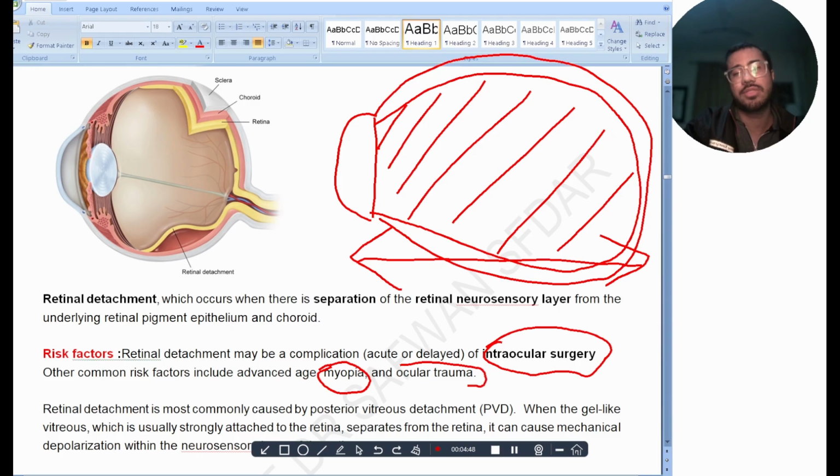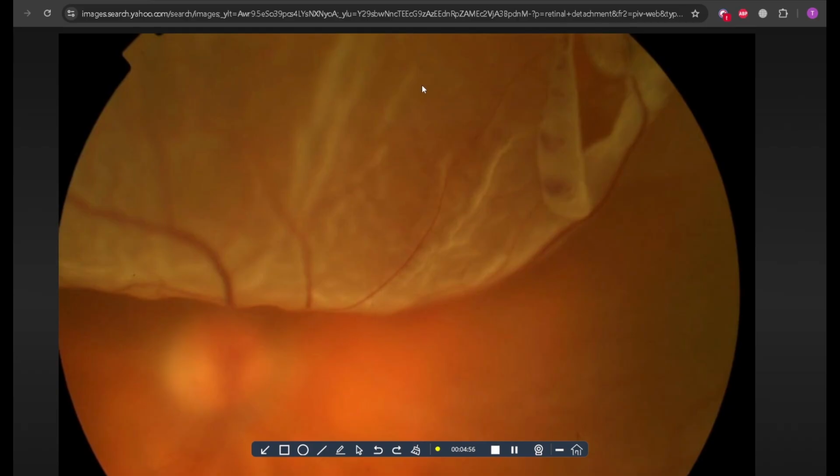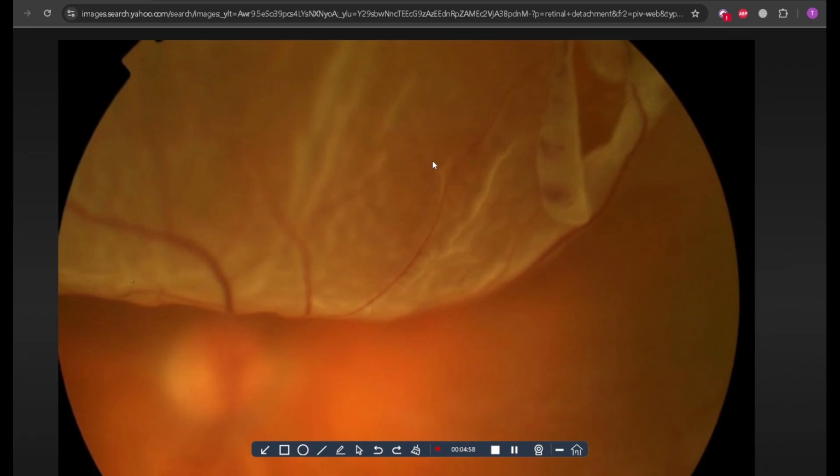Ocular trauma, obviously: if there's trauma, the shearing forces can result in retinal detachment. So you can appreciate the retinal detachment really well in this image. As you can see, this part of the retina has been detached. It starts at the periphery and has gradually progressed to the center.